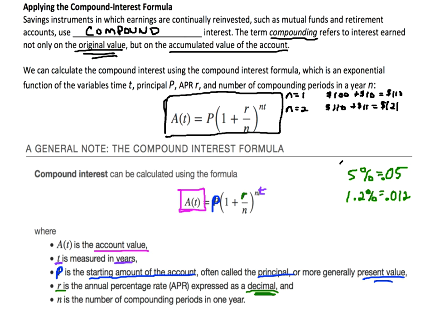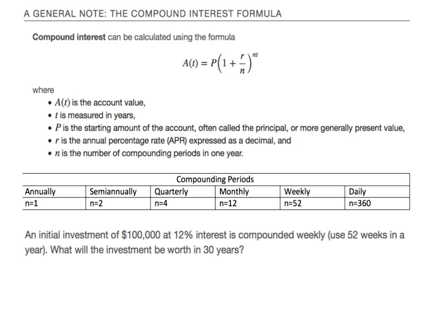So your rate written as a decimal divided by your number of compounding periods per year, raised to your number of compounding periods per year times your time in years. So this is called the compound interest formula.